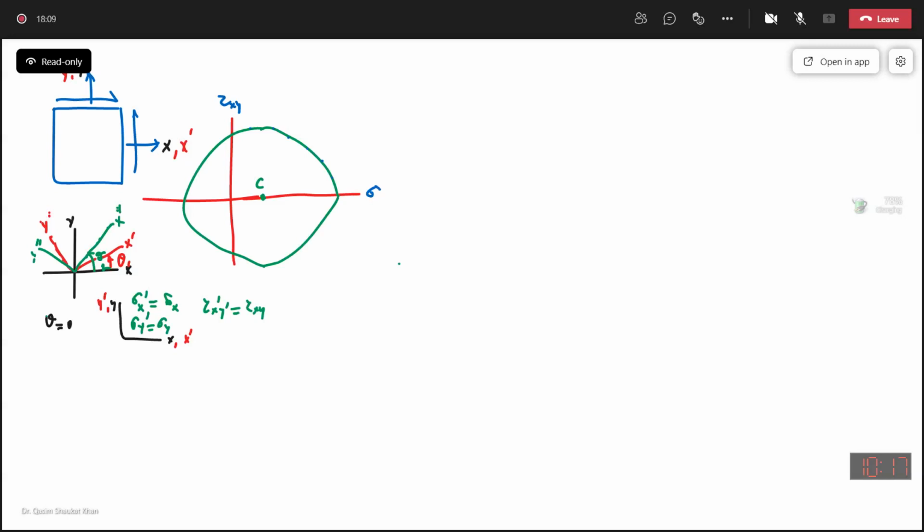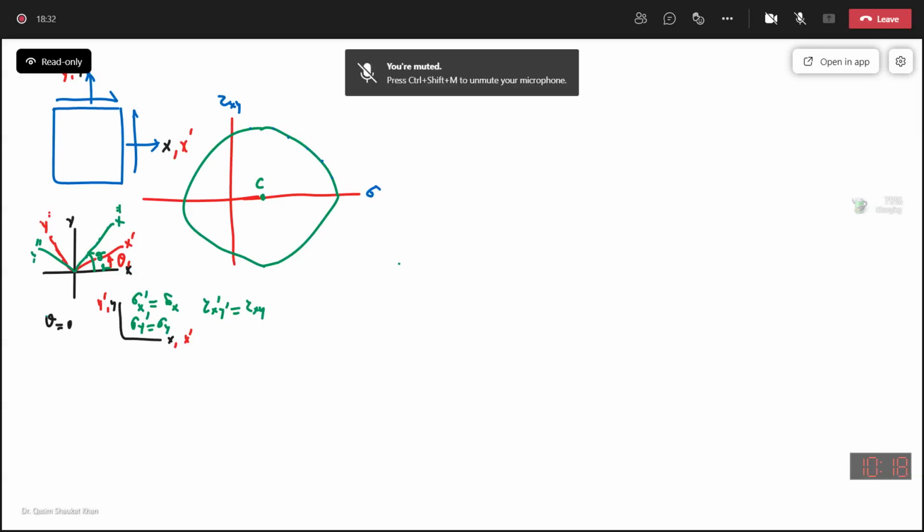Now I have this average point C, average normal stress, shear stress 0, the center of the Mohr circle. Now I need one point to mark the reference plane.